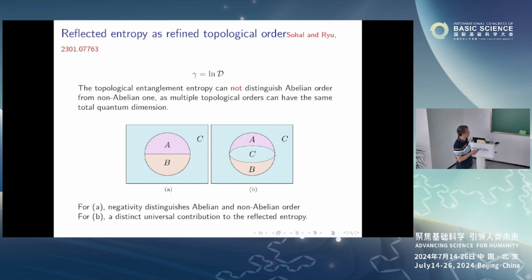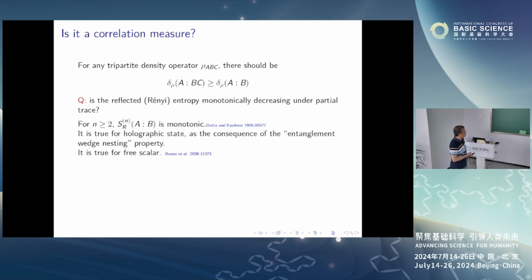So the work, I think, is quite important. And in our second project, we try to answer the question of whether the reflected entropy is a good correlation measure or not.